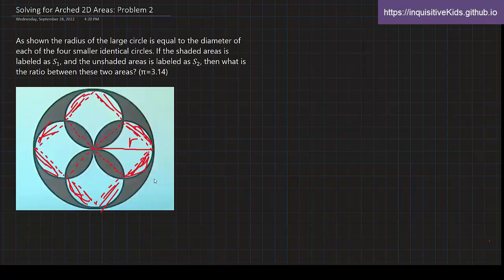So the shaded part then, this entire thing, the total, is equal to pi r squared, right? And now what about the shaded area? Well, for the shaded area we could first do the unshaded square in the middle.